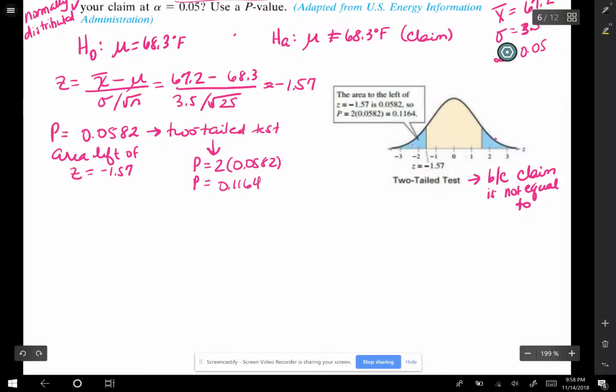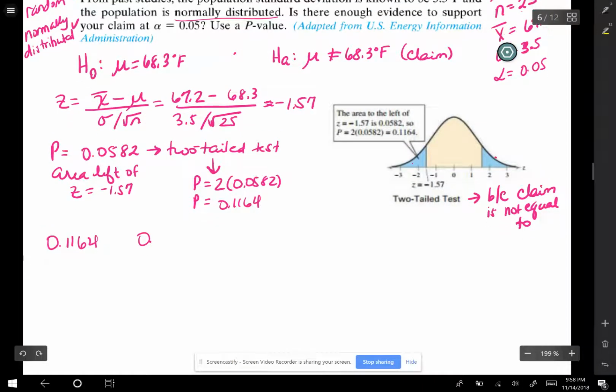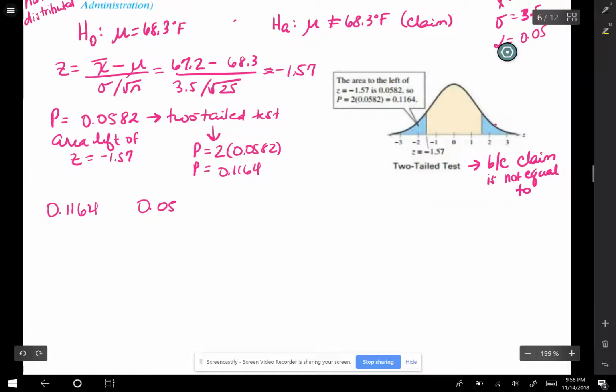And then we're going to compare that p-value to the level of significance, which in this problem was 0.05. So 0.11 is obviously greater than 0.05. So because of that, we're going to fail to reject the null hypothesis.